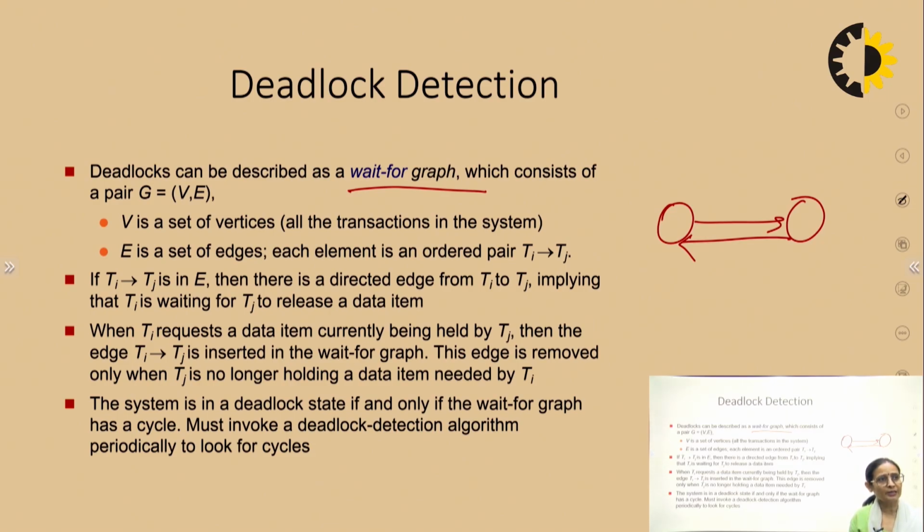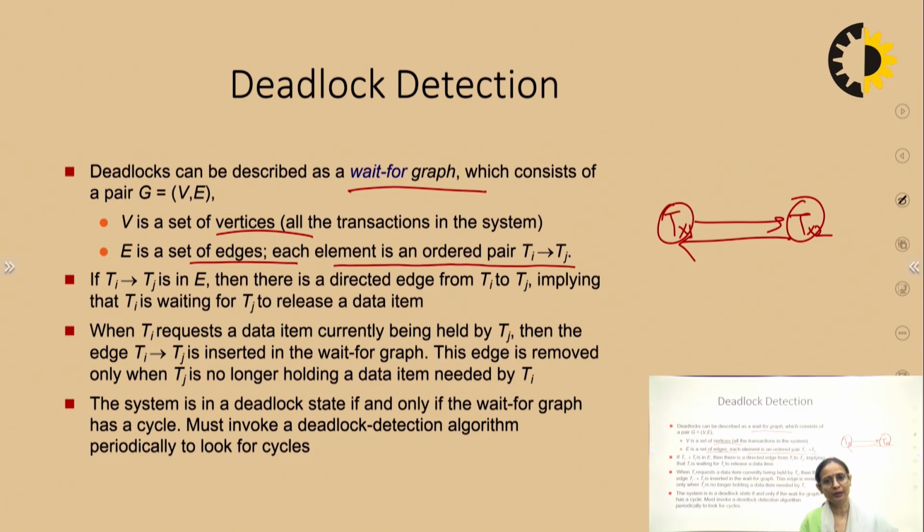In this case, a vertex is a transaction, that is, the transaction is represented with the help of a circle, and on the edges we represent which data item the transaction is waiting on. So V is a set of vertices and E is a set of edges. Each element is an ordered pair, that is Ti to Tj.